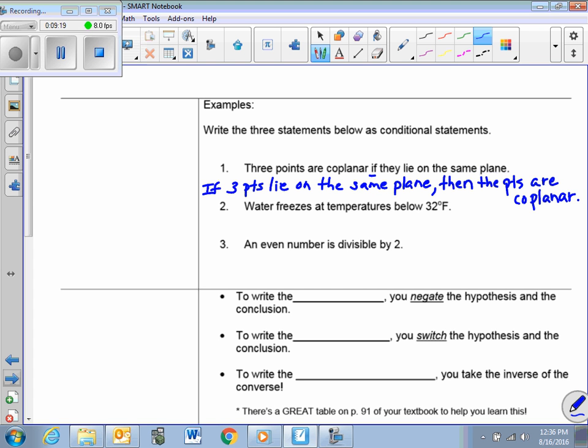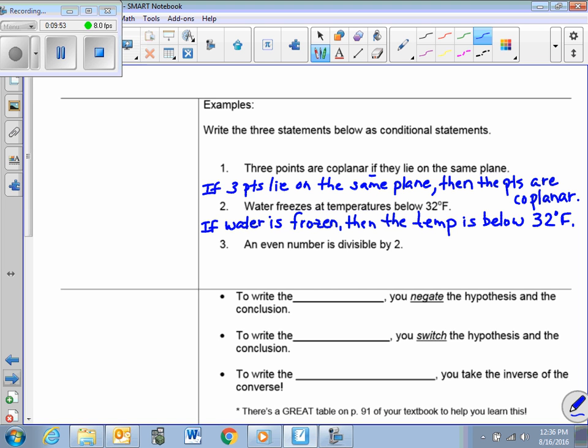There we go. Number 2, water freezes at temperatures below 32 degrees Fahrenheit. I'm just going to start with the first part here. If water is frozen, then the temperature is below 32 degrees Fahrenheit.